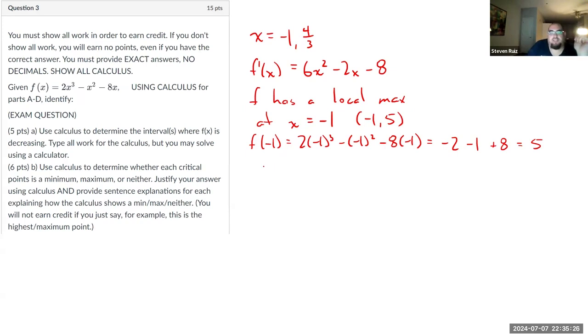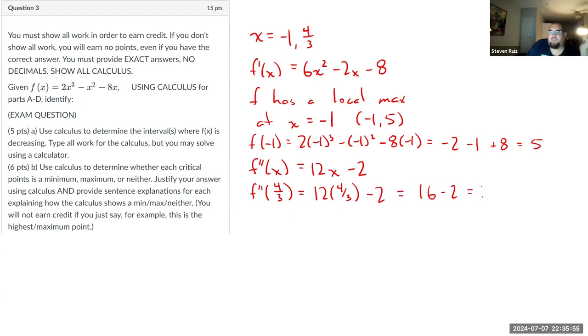Let's use the second derivative test to classify the other critical point. So what's f double prime? That will be 12x minus 2. And I want to evaluate that second derivative at my other critical point, which we said was 4/3. So f double prime of 4/3 is equal to 12 times 4/3 minus 2, which is equal to 16 minus 2, which is equal to 14, which is a positive number.